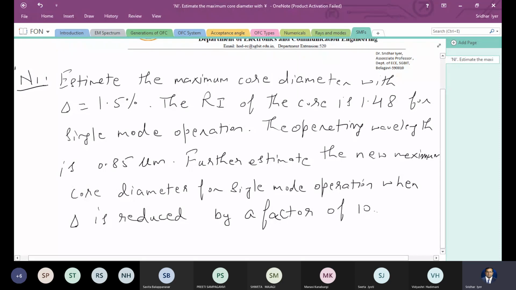Okay. So there are two parts to this question. Let us first try to solve the first part here.